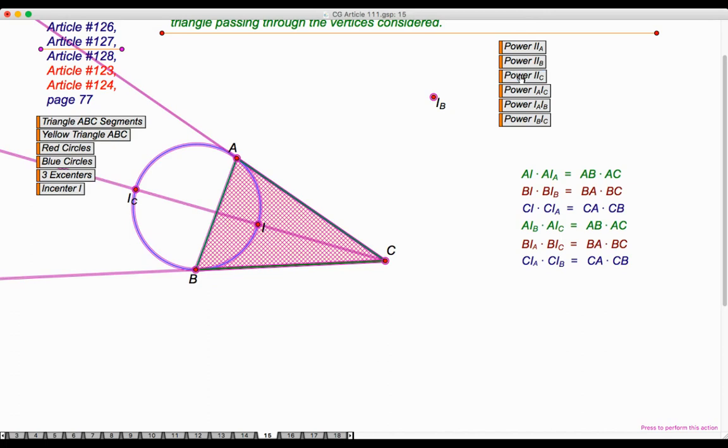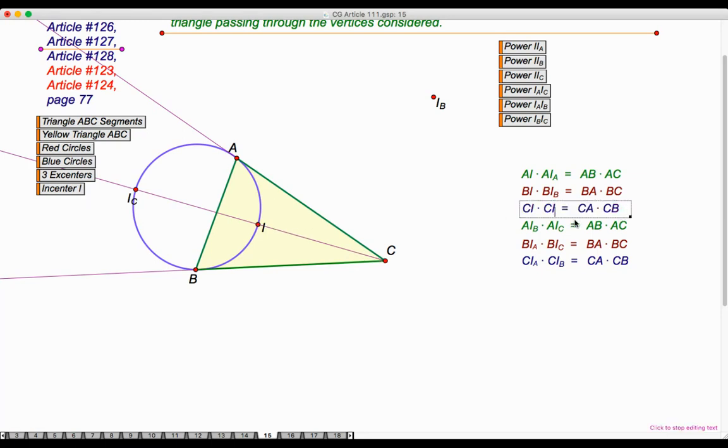So power of point C tells us that I sub C, again, I need to correct this, to I sub C is equal to CA times CB. That's very good.